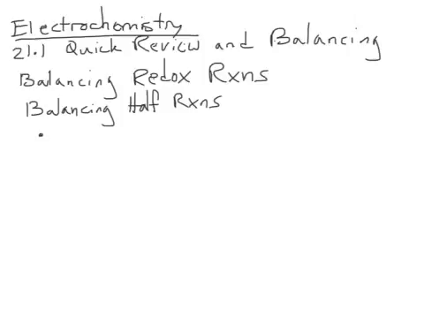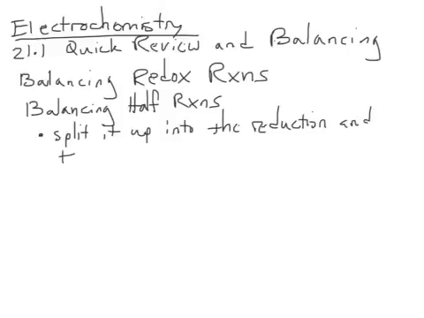This whole idea is you take a redox reaction and you split it up into the reduction and the oxidation. We're going to start by just looking at a quick example here. These usually don't take a lot of time, and some of you might be able to do this pretty quick, but I'll show you it step by step the first time here.